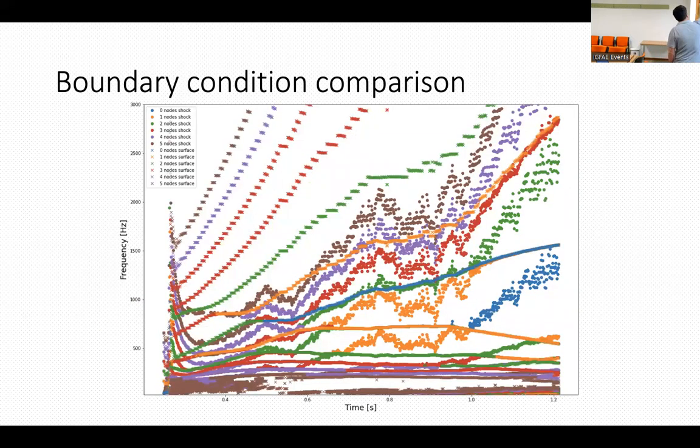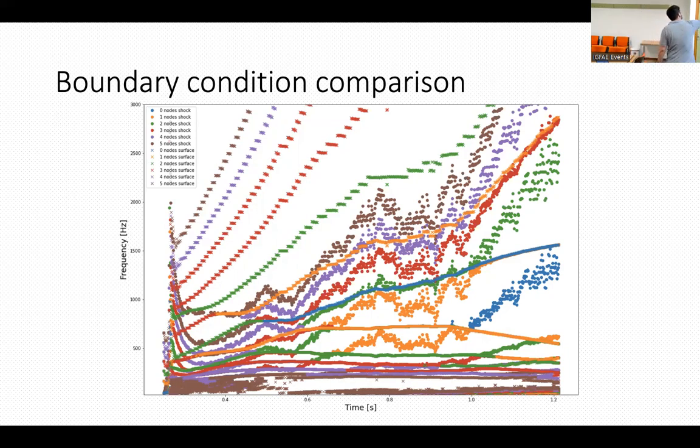It's not very clear, but there are points and crosses. And you see here that this mode and this mode are essentially the same in both kinds of calculations. And the other dots here are only due to the shock region.